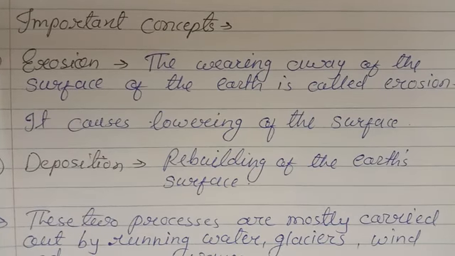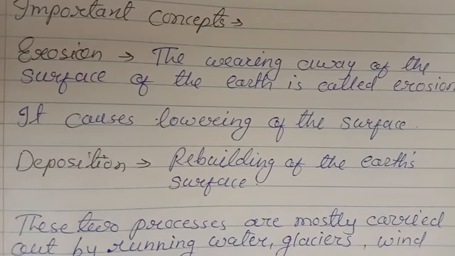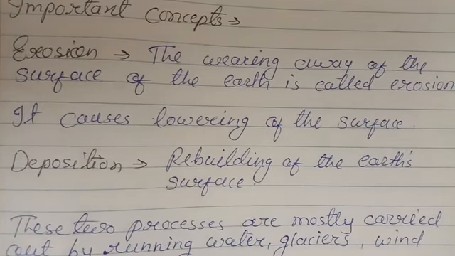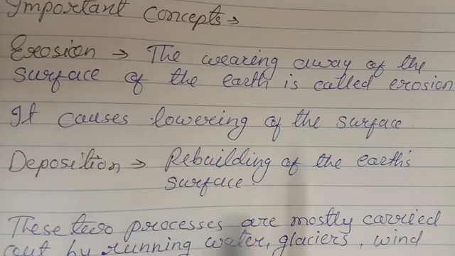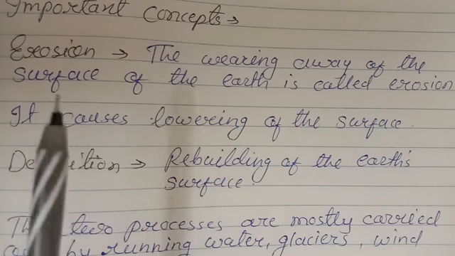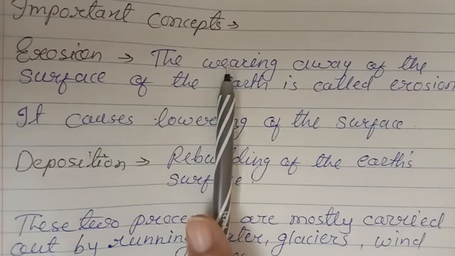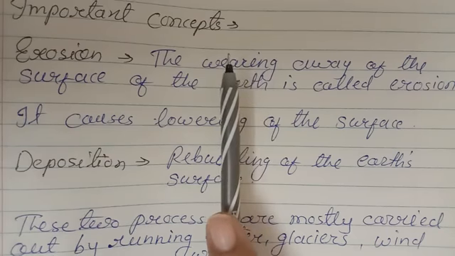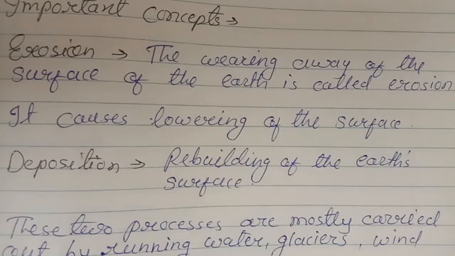Erosion means what? See, if there is a hill or mountain, and one of the rivers is flowing from that mountain, and in the path of the river one of the hills or rocks comes, then because the water is moving forcefully, whatever rock is coming in the path of the river is worn down.